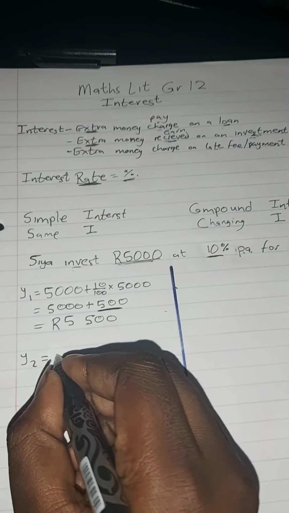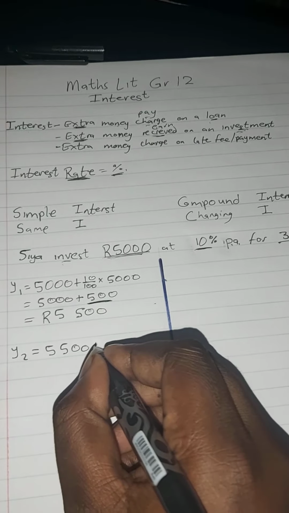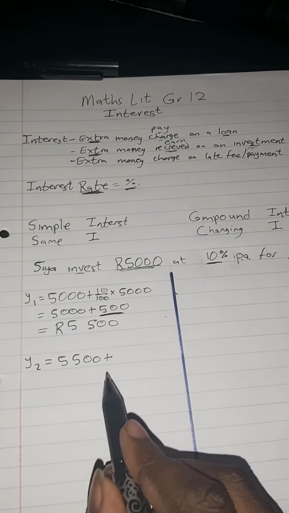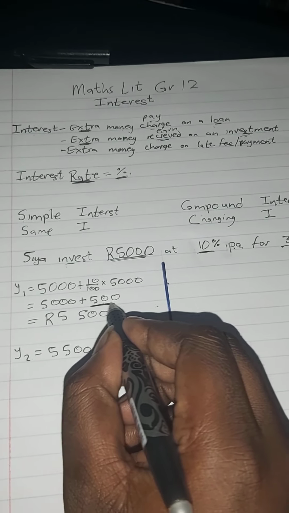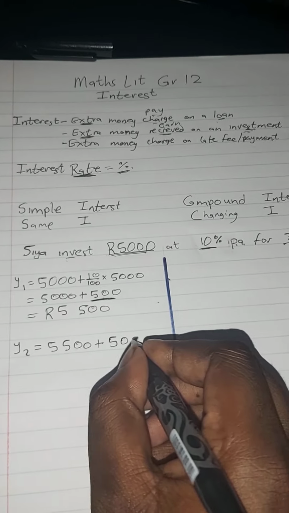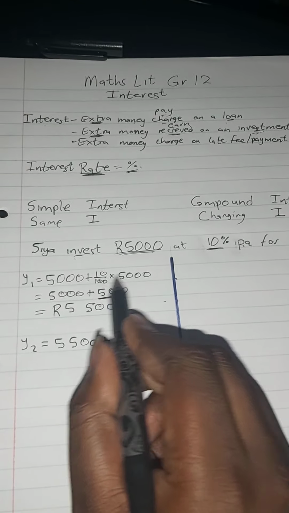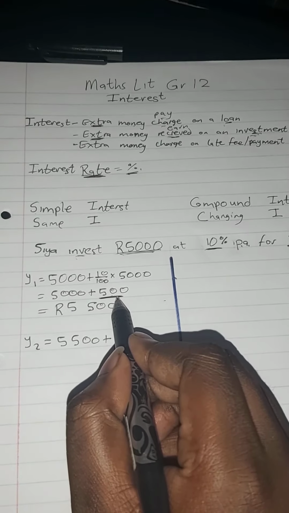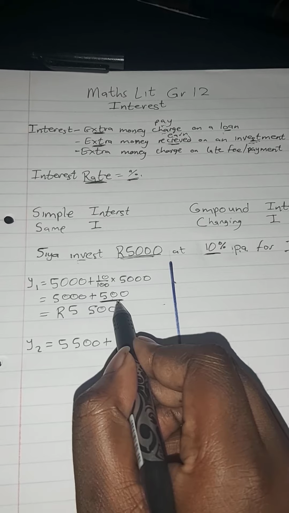So we go to year two. Year two now, we have 5,500 rands plus what? Because in simple interest the interest stays the same, we can just add how much? 500 rands. Because we will keep on saying plus 10% of 5,000, which we know is going to give us 500 rands. Does that make sense?